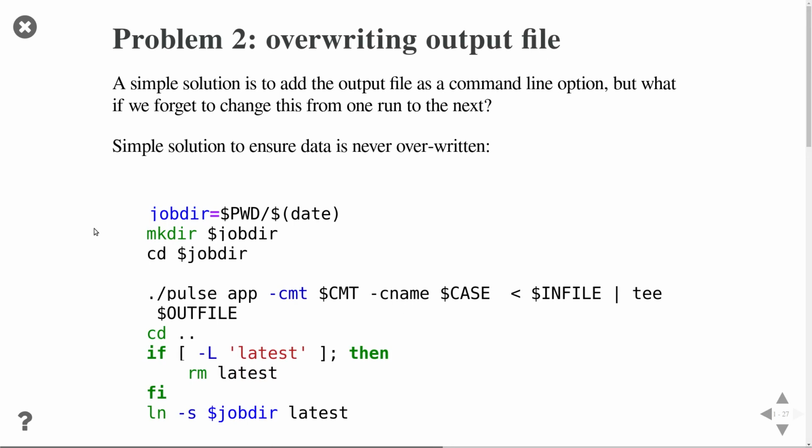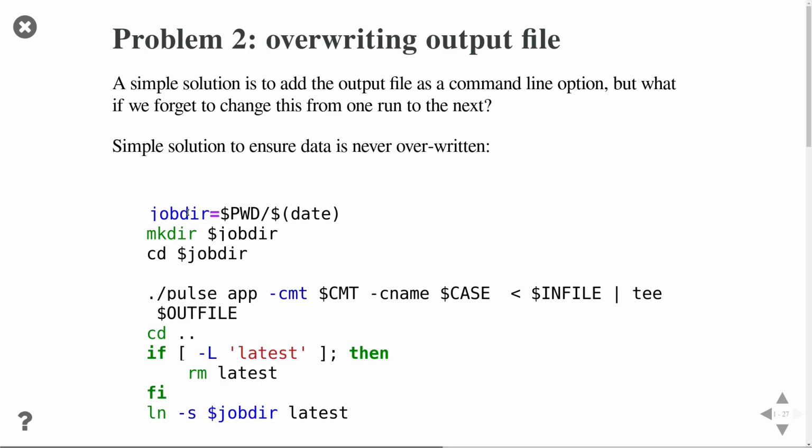The second problem was that we keep overwriting the output file. So there are a few options what we could do. The first one is the following. We could store the output file in a directory that contains the date, including the minutes and the seconds.